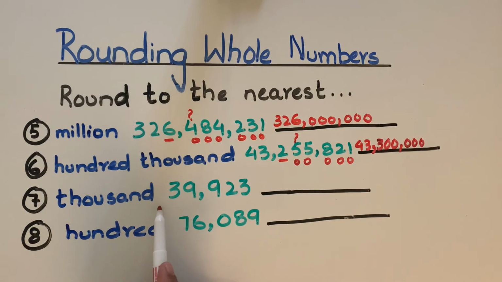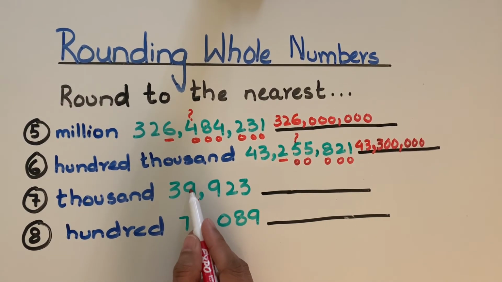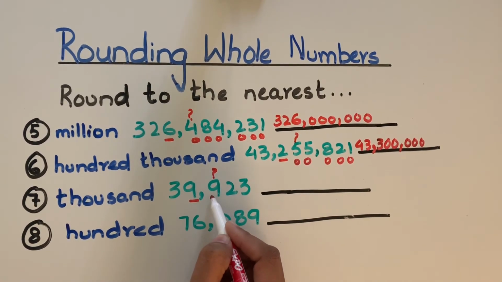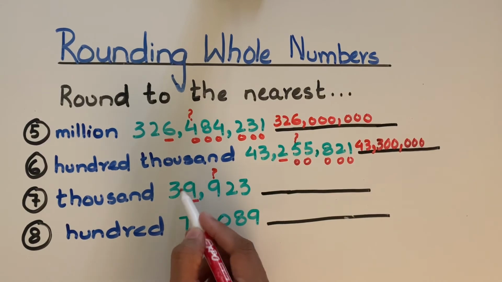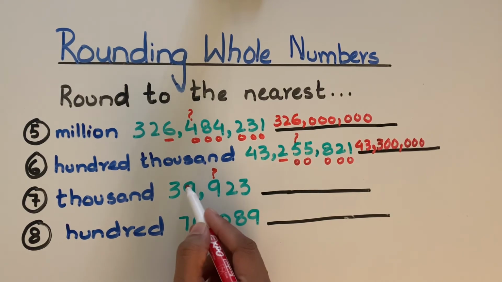Here we have to round this number to the nearest thousands place. So where is the thousands place? This is the thousands place. So we will round it, but before that we will check this number. 5 or more, raise the score. Yes, this number is 9, so we're going to raise this number by 1.